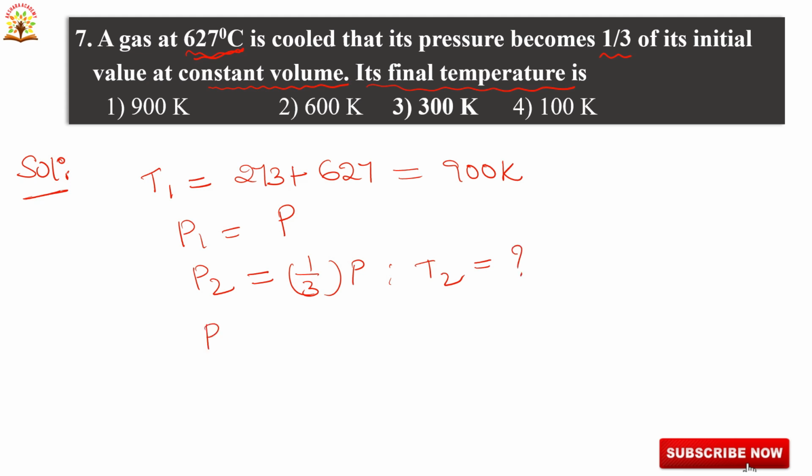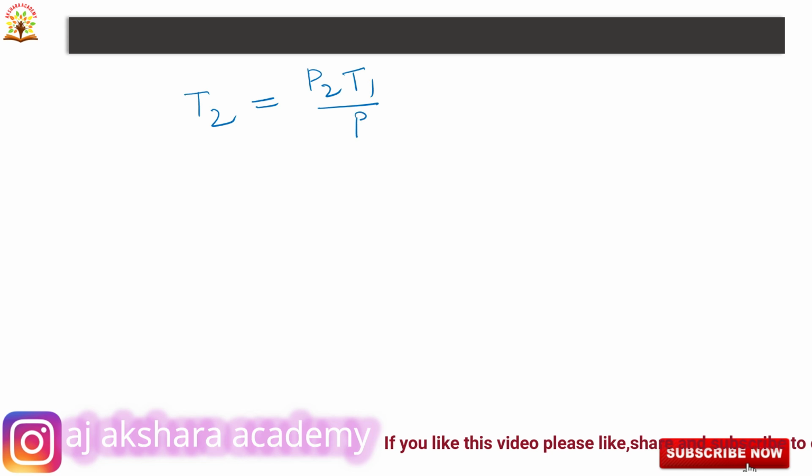P is directly proportional to T. So from this relation, P1 by T1 is equal to P2 by T2. So now next, T2 is equal to P2 T1 by P1.